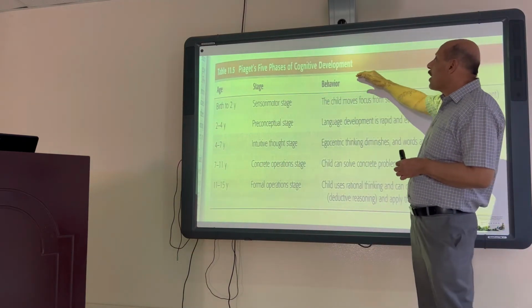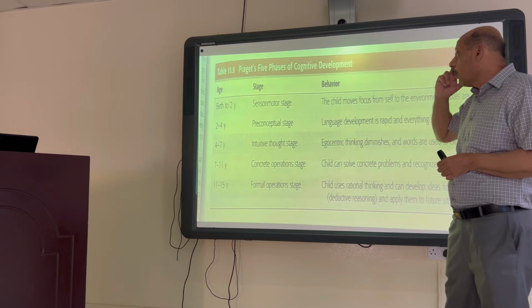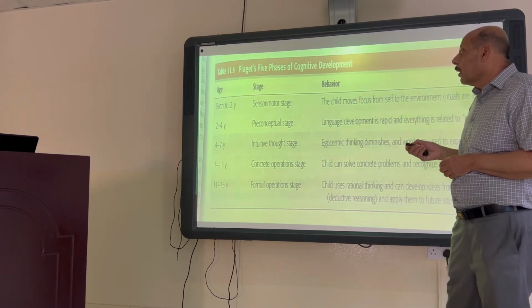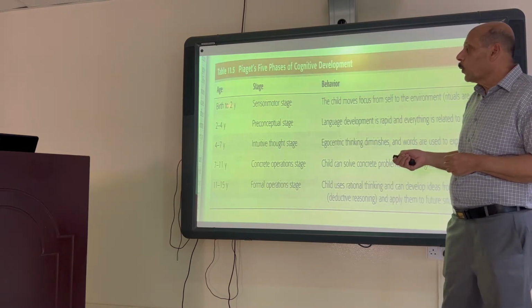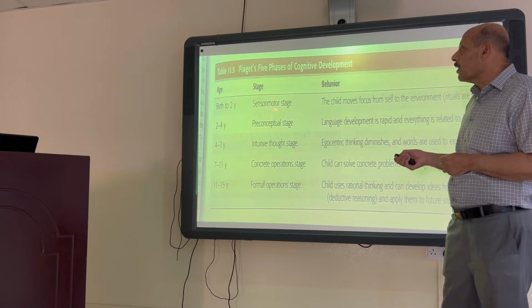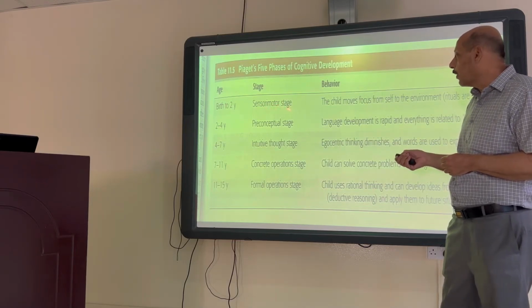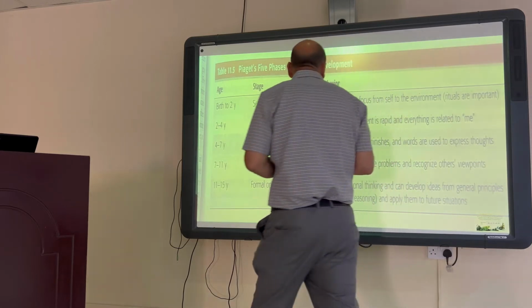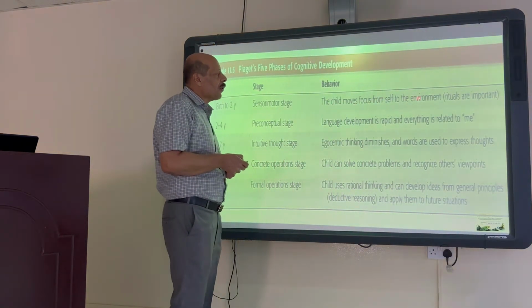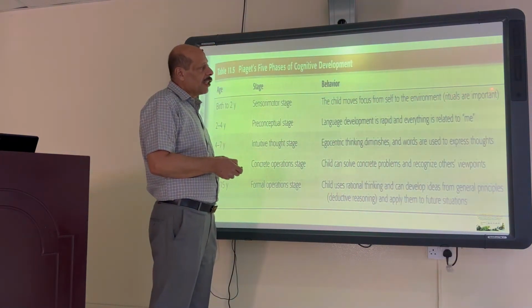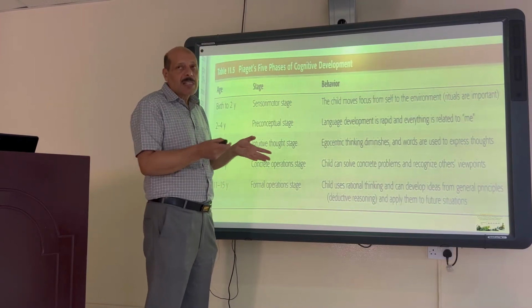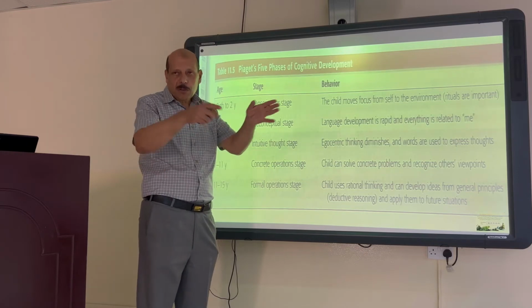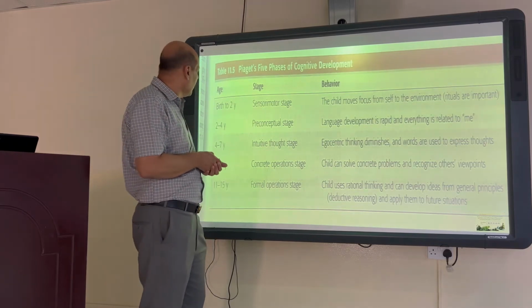So there are 5 phases of cognitive development according to the age and the stage of behaviors. From birth to 2 years, which is the sensorimotor stage, we call it. Here, the child's movement focuses on self and environment, rituals are important here. So here, he will try to discover what's going on around him in the environment.